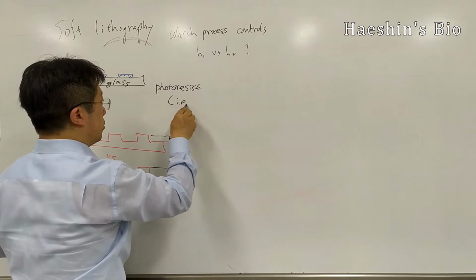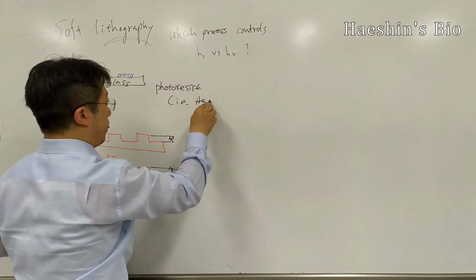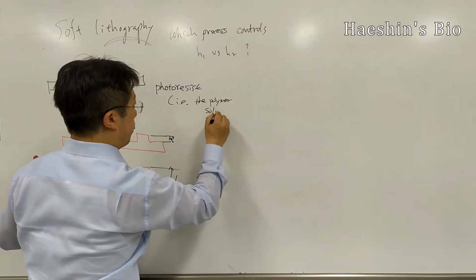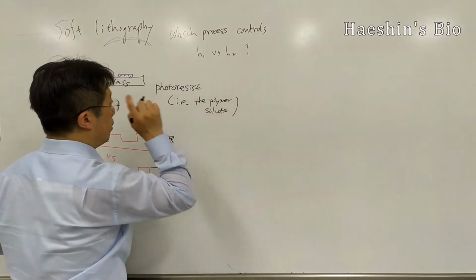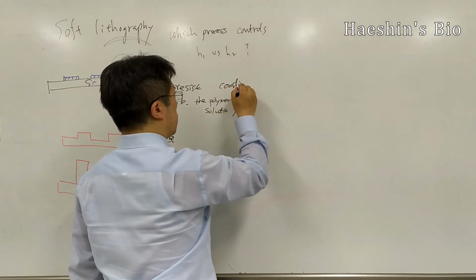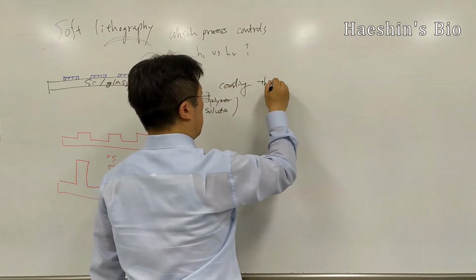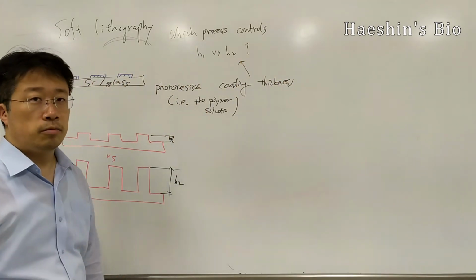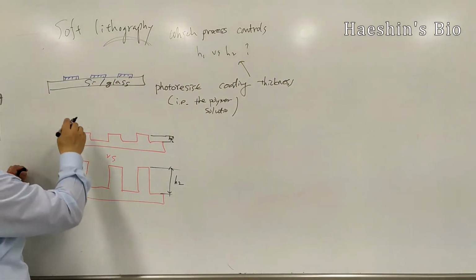So eventually, your initial photoresist, which is the polymer solution, the photoresist thickness determines H1, H2.